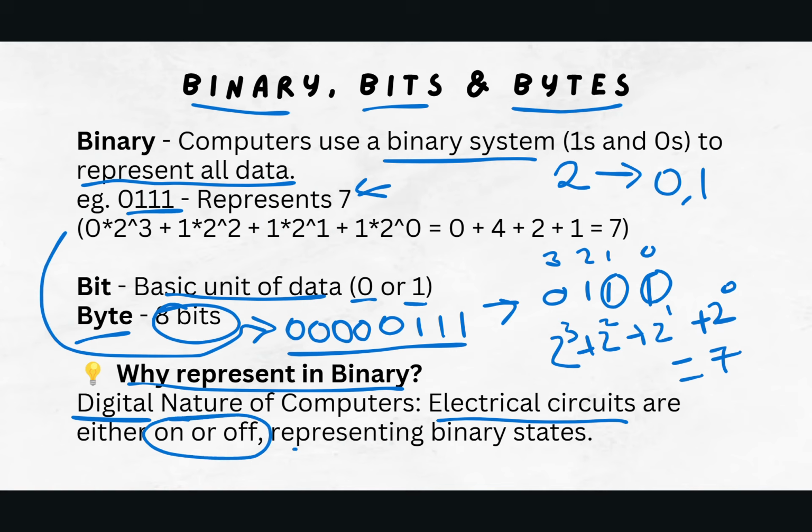Let's say we assign 0 for off and 1 for on. The electrical circuit can only be in two states, right? It can be either on or off. There is no such thing as half on or half off, right? So that is why we use these two digits and use the binary system to represent the state of electrical circuits and work around to represent the data and use the computer.